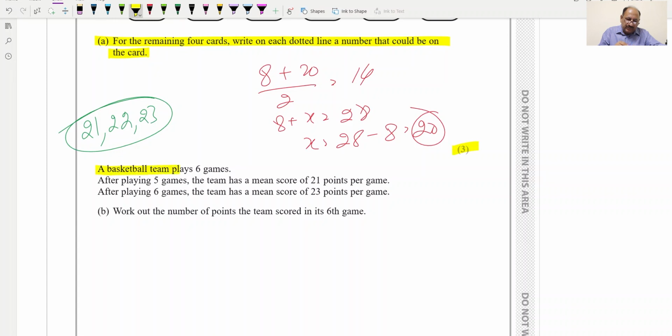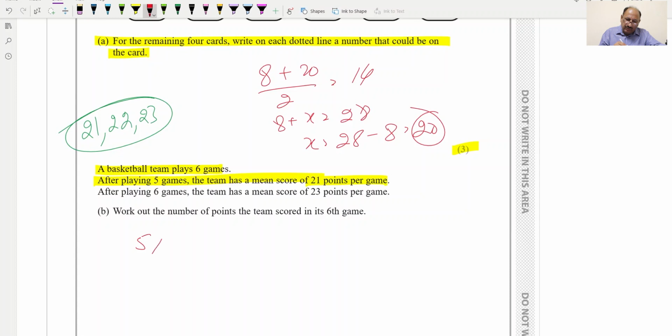So next: a basketball team plays 6 games. After playing 5 games, the team has a mean score of 21 points per game, and we will be translating this data into mathematical language.